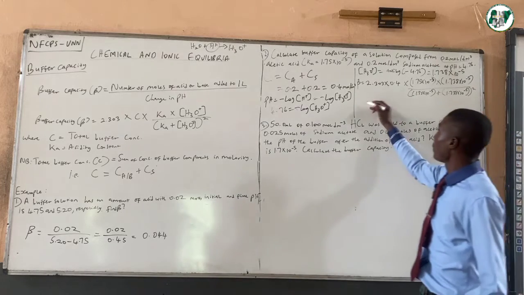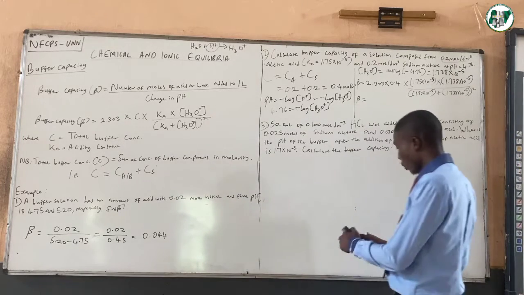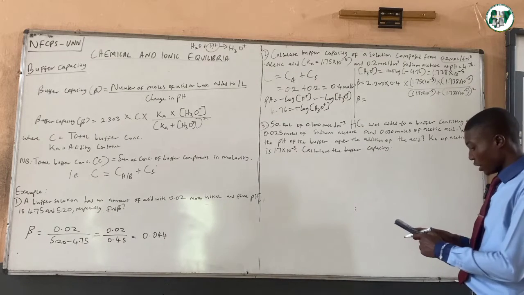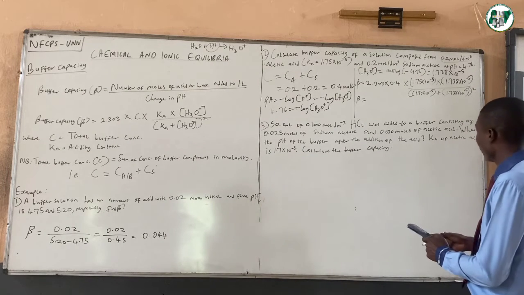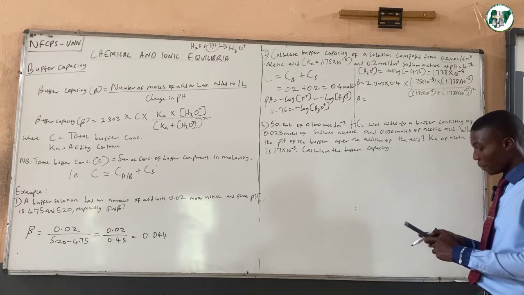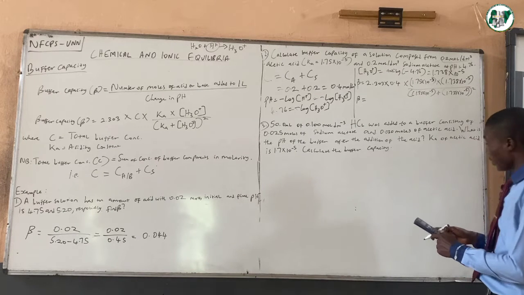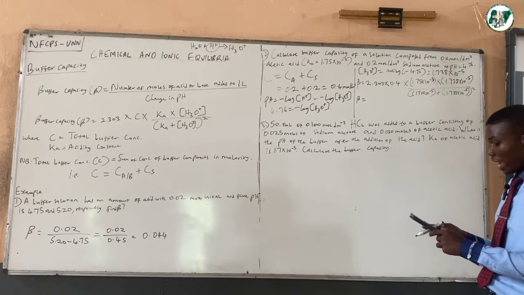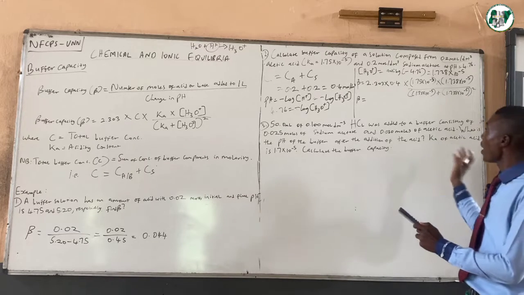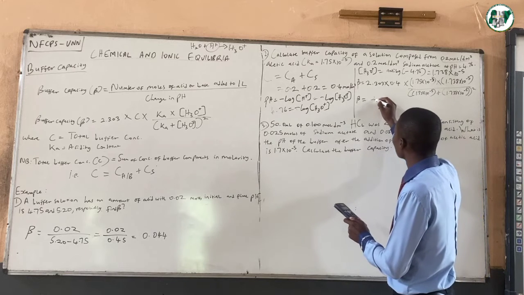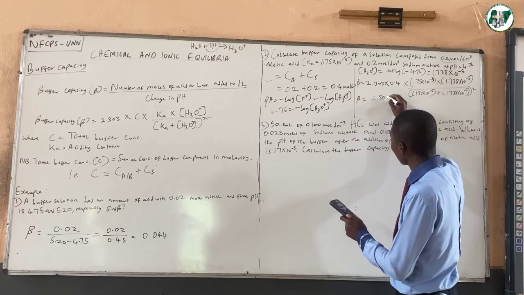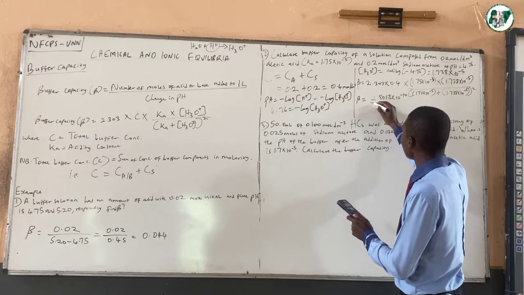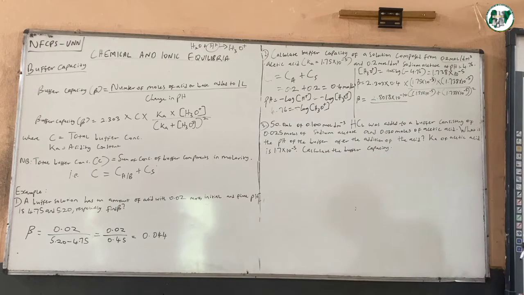So let us calculate our buffer capacity quickly. We have 2.303 times 0.4 times 1.75 times 10 raised to the power of minus 5, times 1.738 times 10 raised to the power of minus 5. So the numerator is equal to 2.8018 times 10 raised to the power of minus 10, divided by the denominator. Let us get our denominator.